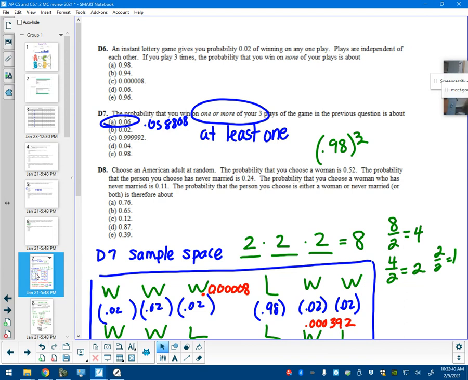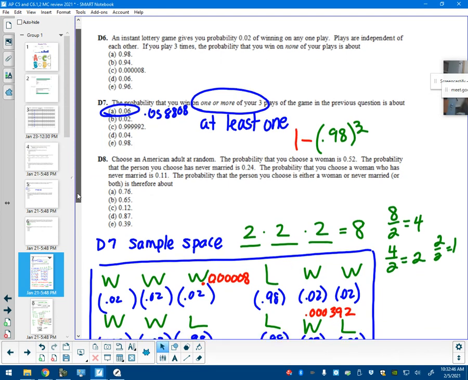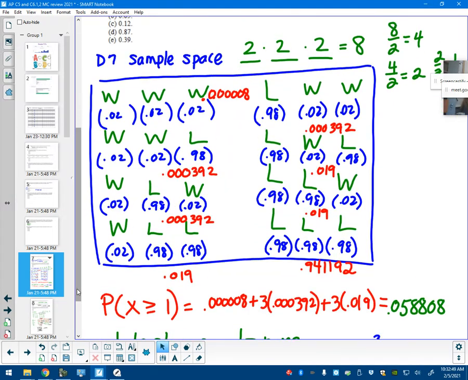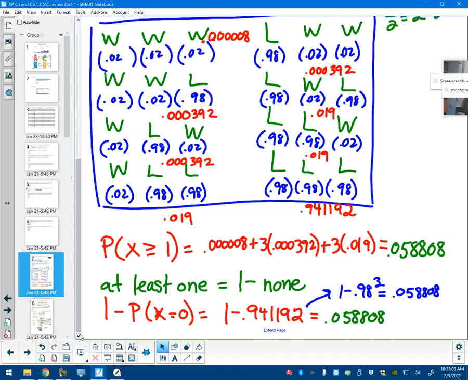So 1 minus 0.98 to the third power gives you 0.058808. And then I actually demonstrated all the possible sample spaces of winning and losing for 3 days. And if you count up all the ones that have a W in them, which is all of them except for the very last one, it would be the same answer.